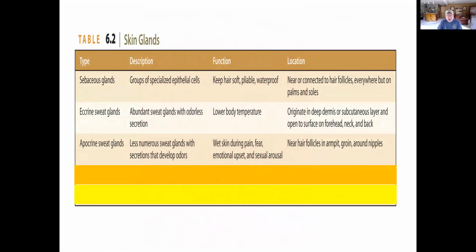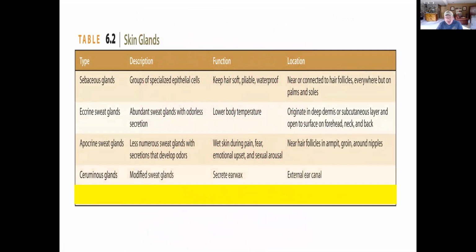Okay, so these review again the major skin glands that we've been talking about, the sebaceous glands, the eccrine and apocrine sweat glands. There are two others I want to just briefly mention. The ceruminous being one of those, ceruminous glands produce earwax.